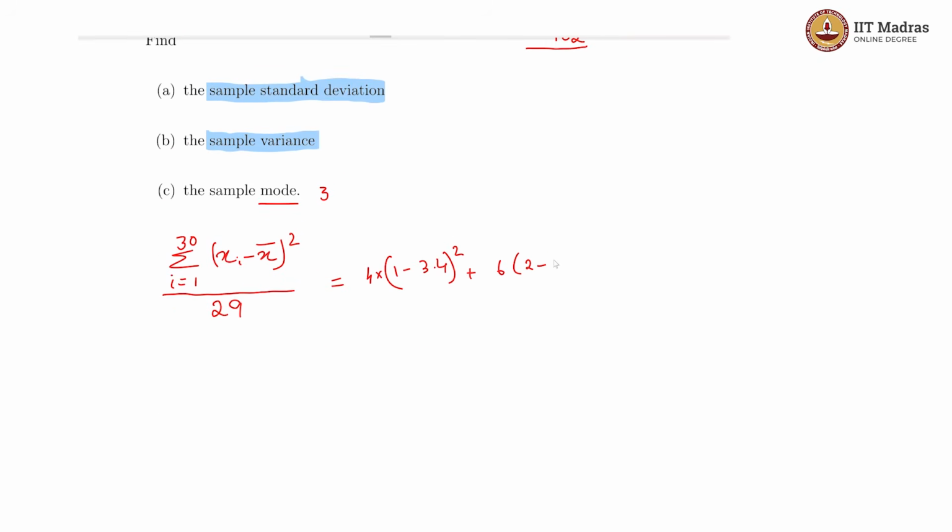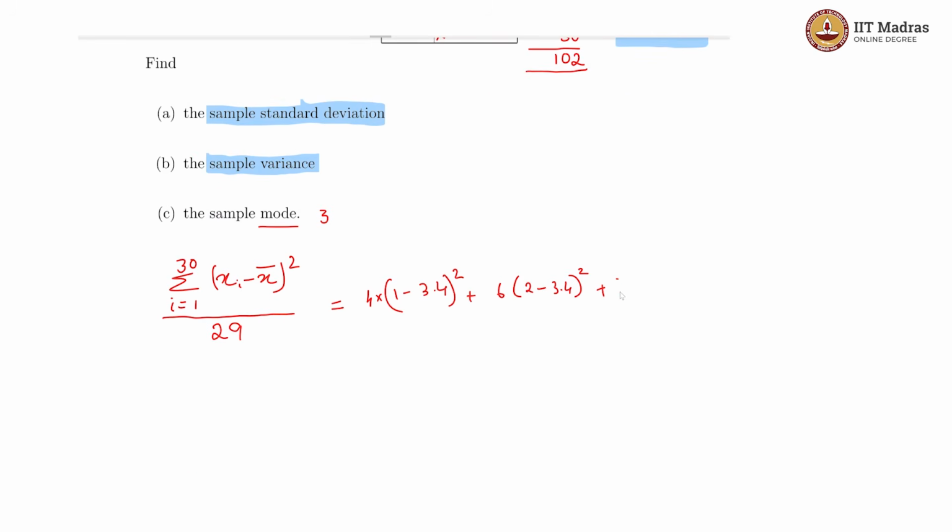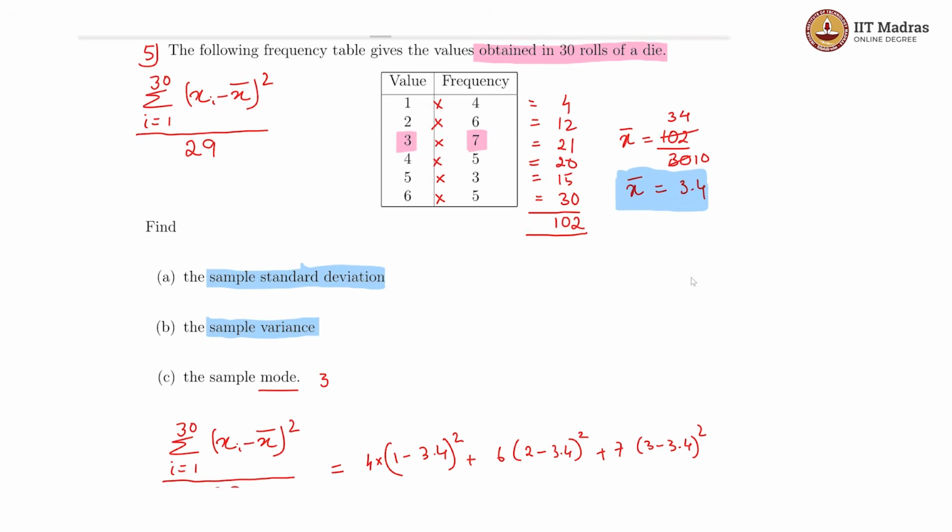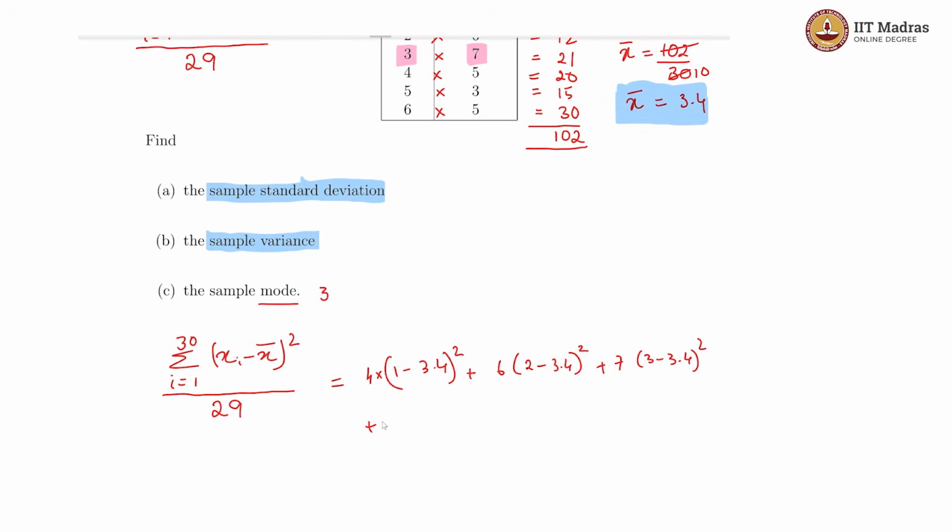So 6 times 2 minus 3.4 the whole square plus 7 times 3 minus 3.4 the whole square plus 5 times 4 minus 3.4 the whole square plus 3 times 5 minus 3.4 the whole square plus 5 times 6 minus 3.4 the whole square.